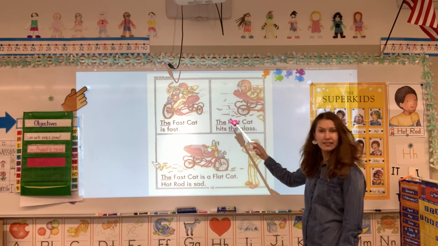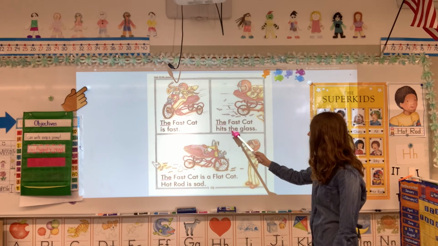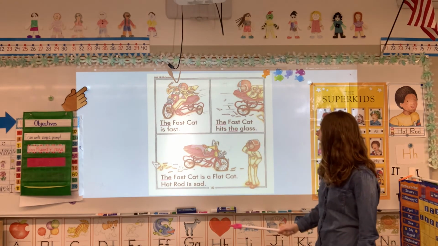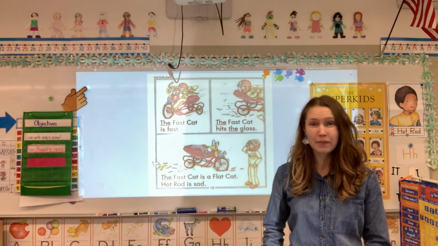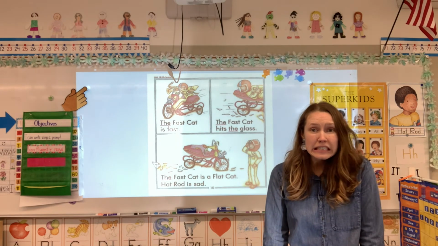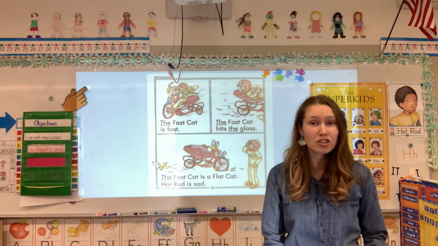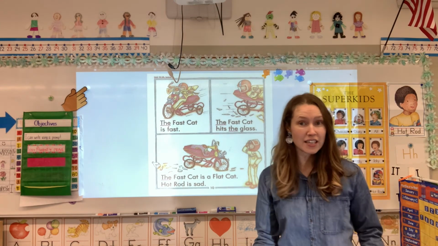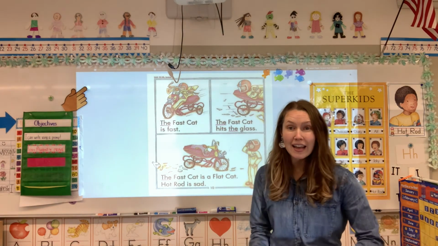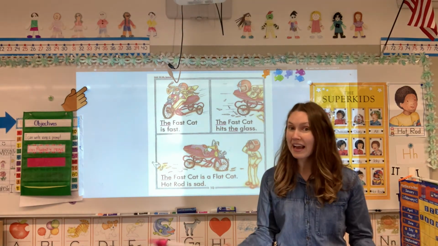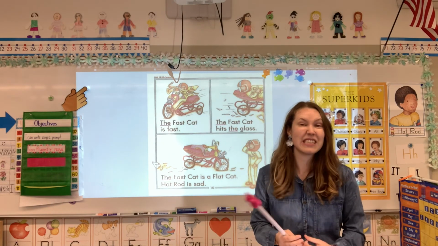Uh-oh, it looks like something happened here. The Fast Cat hits the glass. Uh-oh. What happens when we drive over something sharp like glass? We might get a hole in our tire. We might puncture it, and it might deflate. Remember when we read the story about Sal and his punching bag? When something that's filled with air, like a tire or a punching bag, loses its air, it deflates.